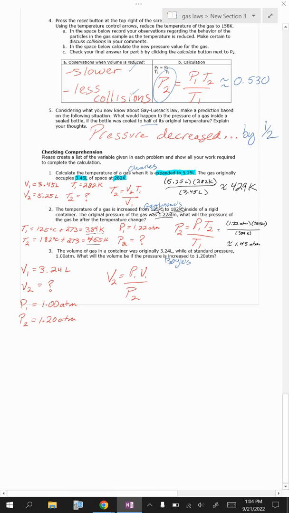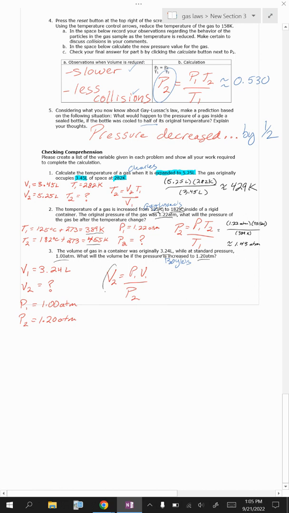Okay, very last one. My initial volume, 3.24. Standard pressure is 1 atm, so that's my original pressure, P1. And we want to know what the volume will be. So we want to know V2 if I increase my pressure to 1.2 atmospheres. This deals with Boyle's law. Remember, P1 V1 equals P2 V2.